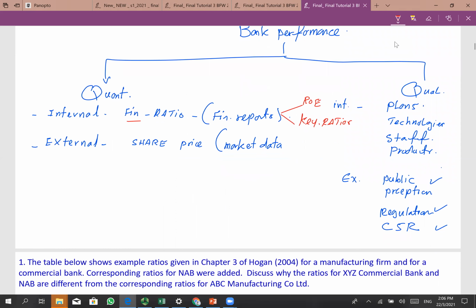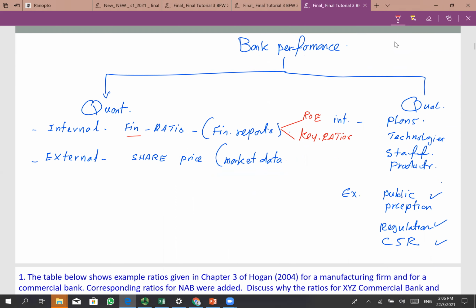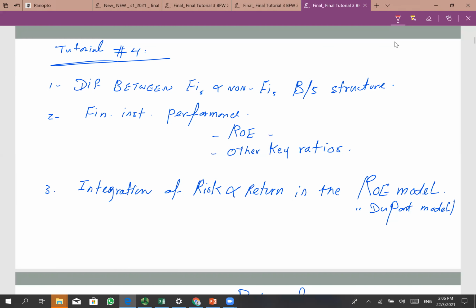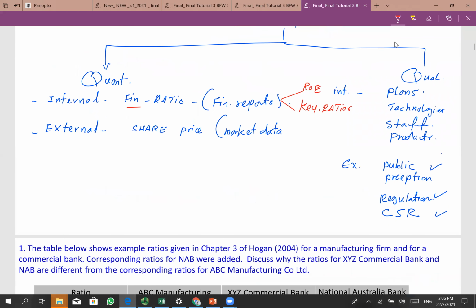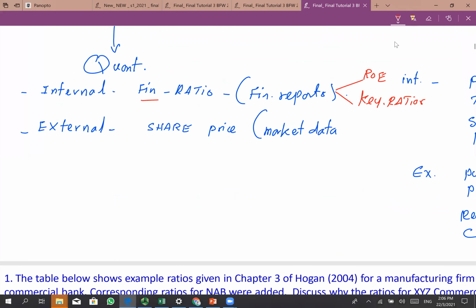Now, let me explain something about the difference between financial and non-financial institutions' balance sheets. I just want to take this small space to show you, if I have a bank like CIMB, this is the difference between the two types of entities.